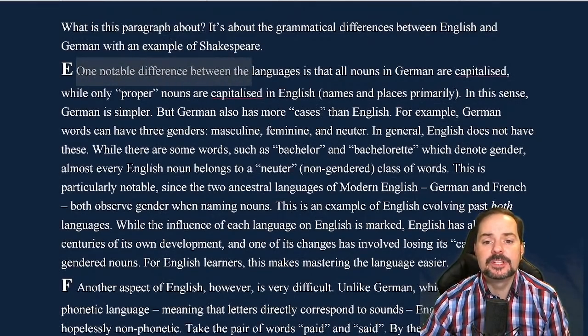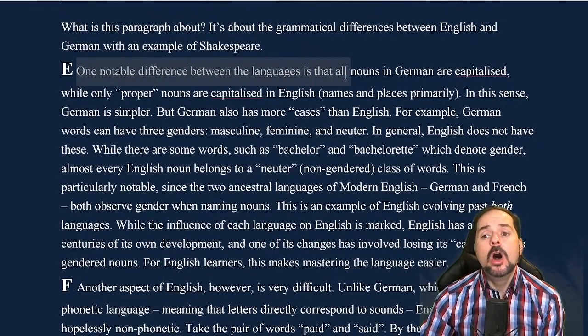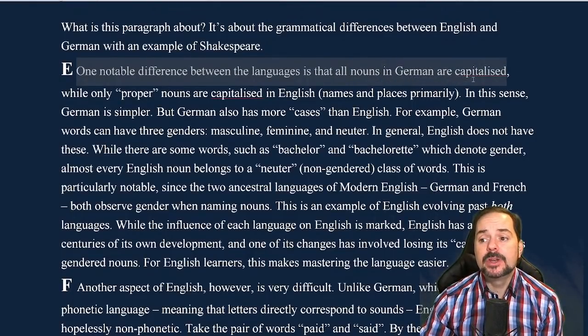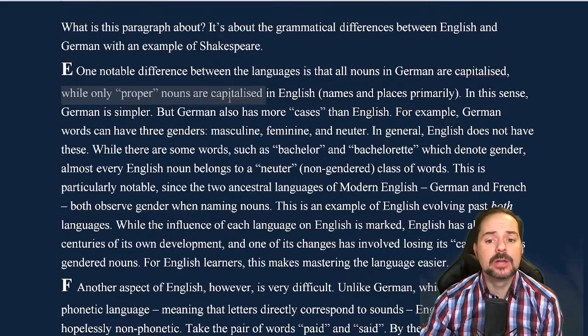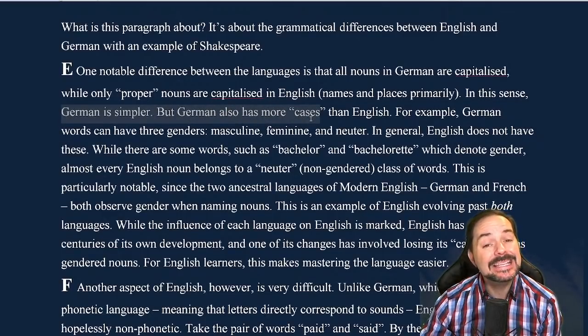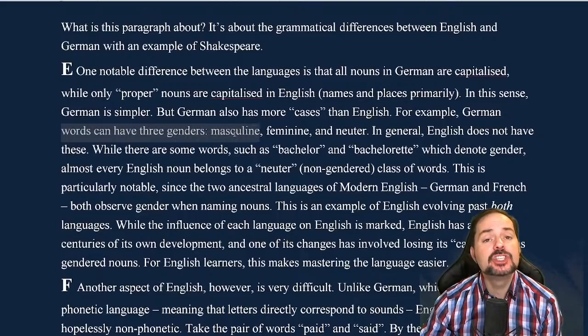One notable difference between the languages is that all nouns in German are capitalized, while only proper nouns are capitalized in English, names and places primarily. In this sense, German is simpler, but German also has more cases than English. For example, German words can have 3 genders: masculine, feminine, and neuter. In general, English does not have these.